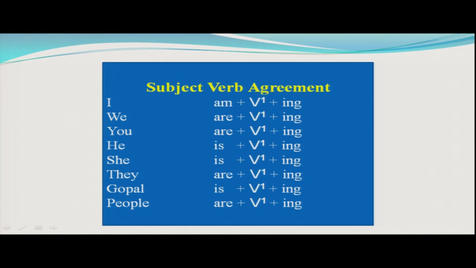Now, he, after that, is plus verb 1 plus ing, she is verb 1 plus ing, they are verb 1 plus ing, Gopal is verb 1 plus ing, then people are, because people is plural, third person plural, so you are using are, then the present form, and then ing form.